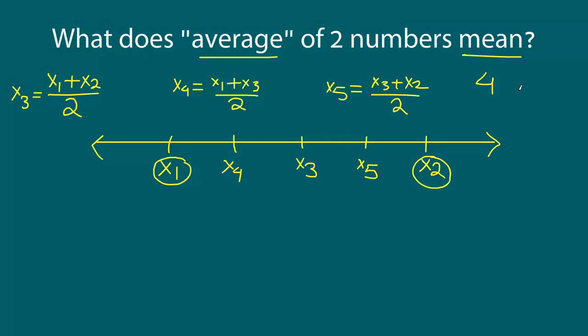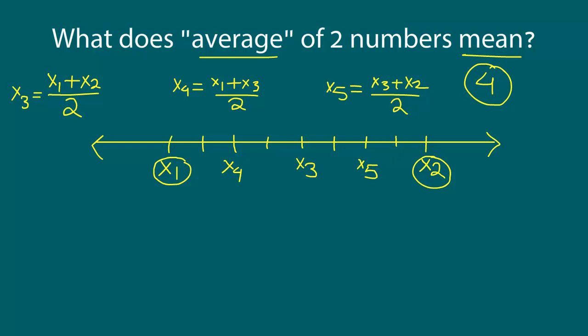Now remember, we are trying to find 4 rational numbers, and we have already found 3 rational numbers between x1 and x2. Now you can find another average between x1 and x4, and you will get this number. Or you can find the average of x4 and x3, or of x3 and x5, or the average of these two, and you will get another number.